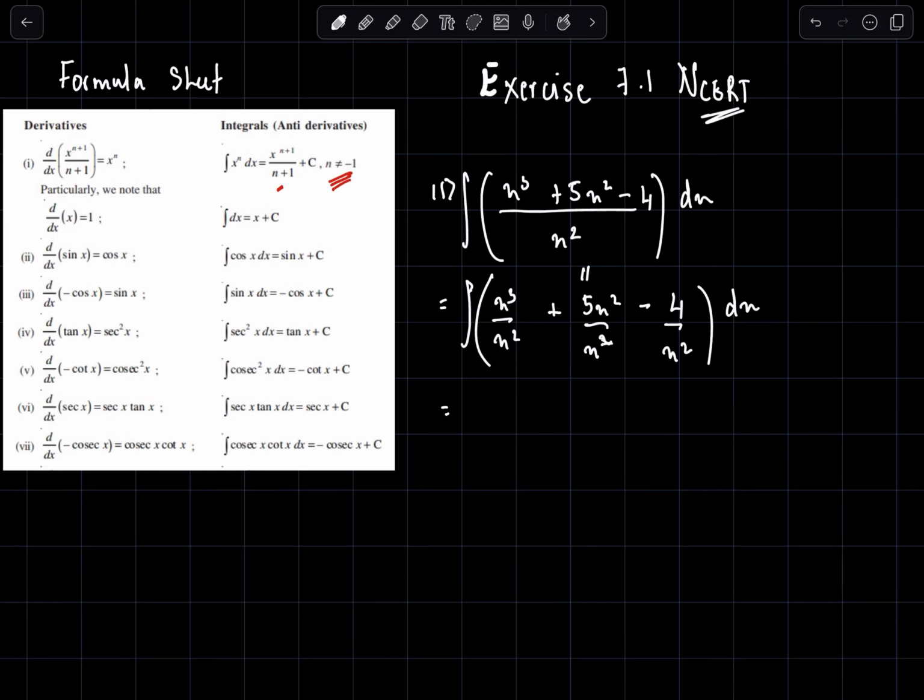So 3 minus 2 is 1, so it is integral of x, okay, plus, correct? Now, of course, x squared and x squared gets cancelled, so this is 5. And this, of course, becomes, if you take x squared to the top, the power becomes negative, correct? So x minus 2 dx.